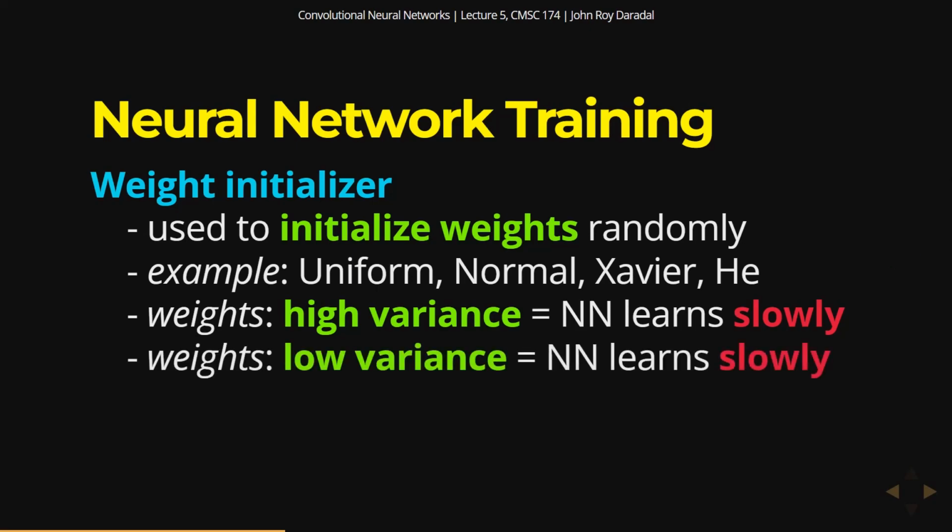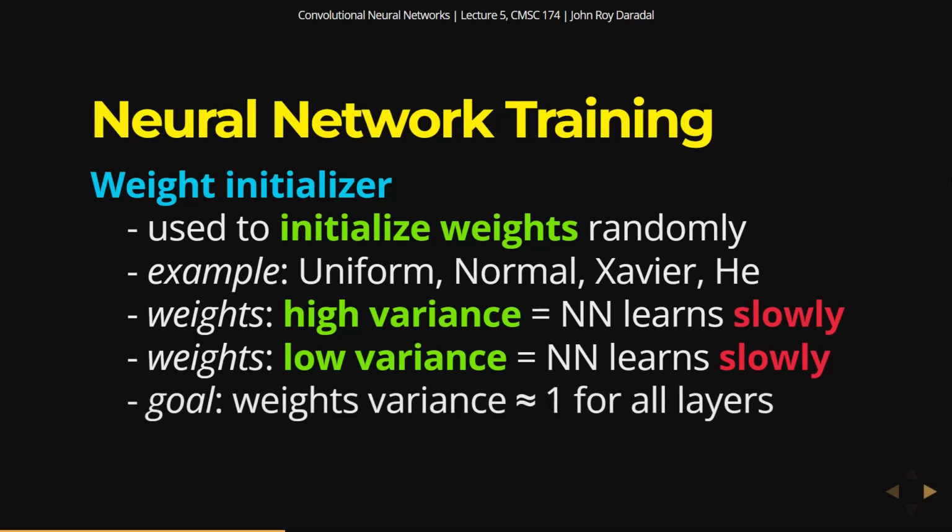But if the weights have low variance, it's the same thing. The neural network also learns slowly. So if it's too varied, or too similar, low variance, then the neural network will learn slowly. So what they want is to have the weights variance be almost 1 for all layers. So that is the goal. Because of this, we have the Xavier initialization method created by Xavier Glorot.